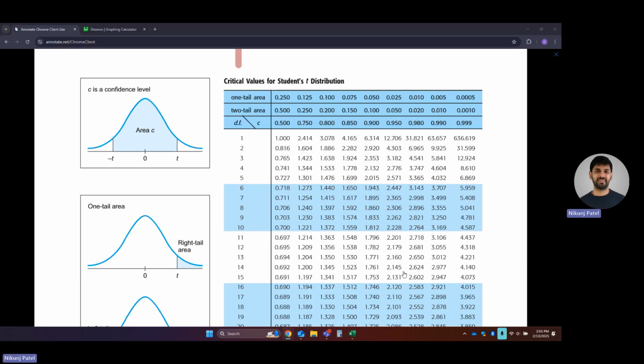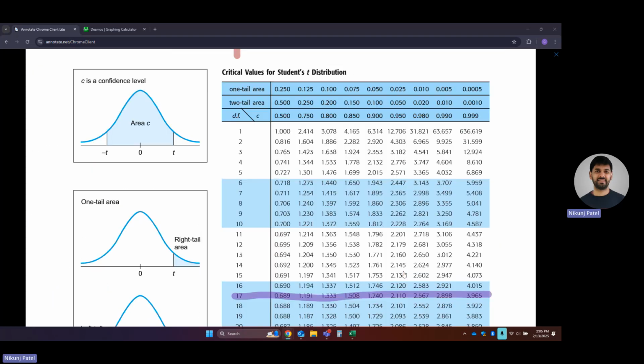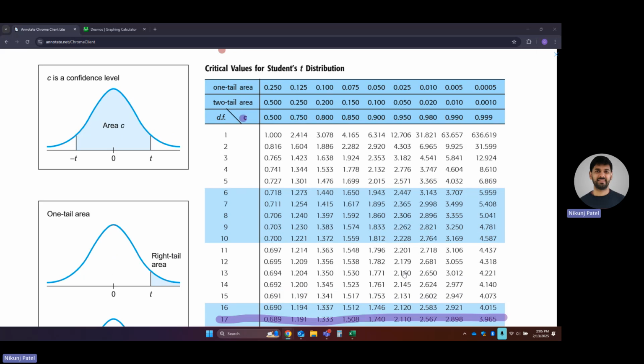And now let's look at the entire formula chart here. So we're looking at row 17, and the column that has the 0.9 in it, or 90%. Right, so you need to find this C row up here and go to the 90% level, and then take it down, go to the 17th row, and there it is, 1.740.